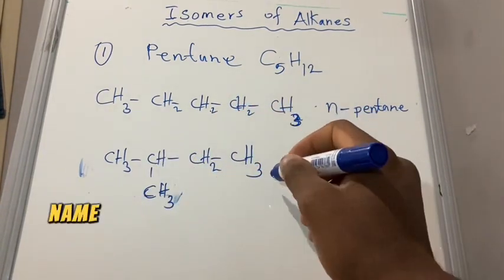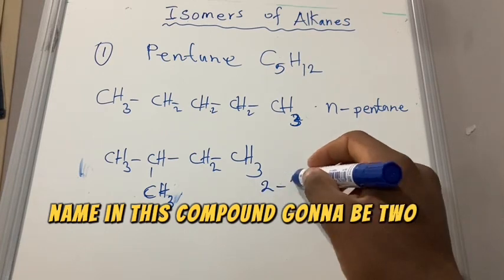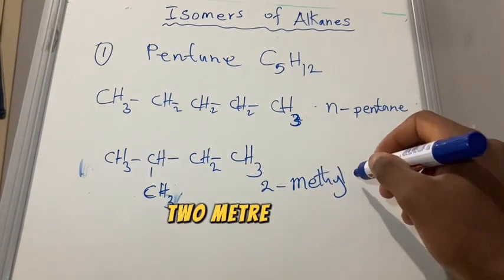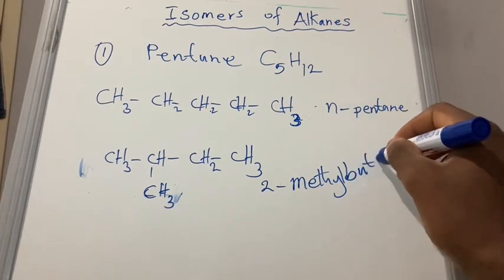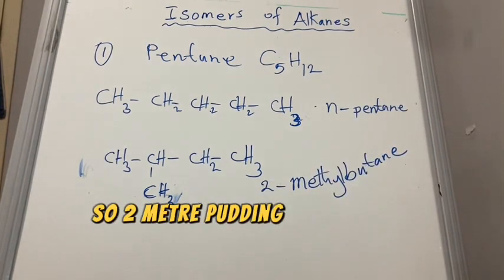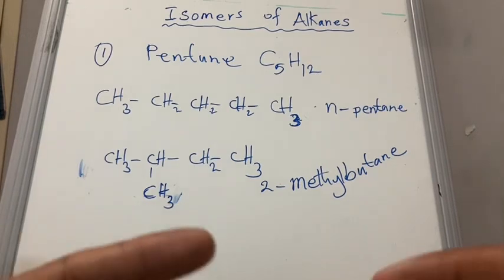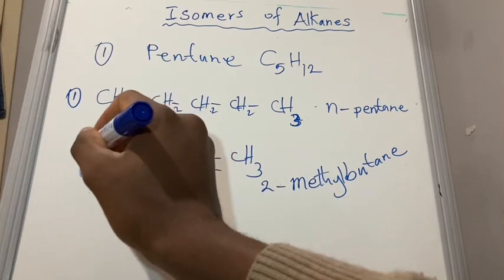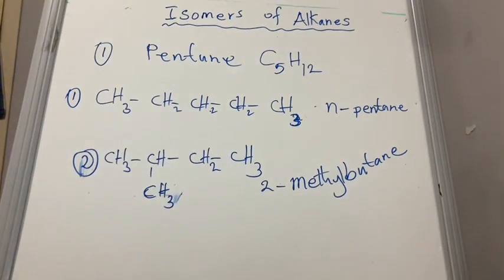So naming this compound, it's going to be 2-methylbutane. 2-methylbutane becomes our second isomer of pentane.